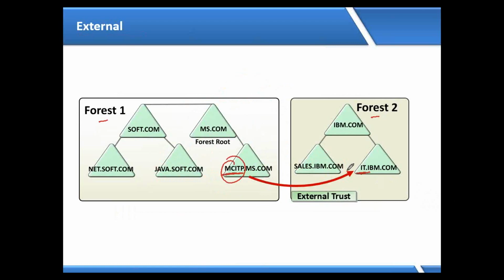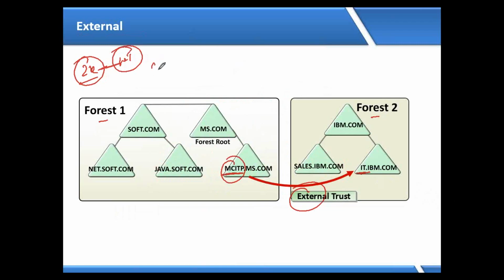So I can't configure shortcut here because shortcut is within the forest. When you talk about two different forests, we'll go with this external trust. External trust was actually introduced in 2000. Like maybe you have 2000 domains and NT domains. At that time, we'll go with this external trust.